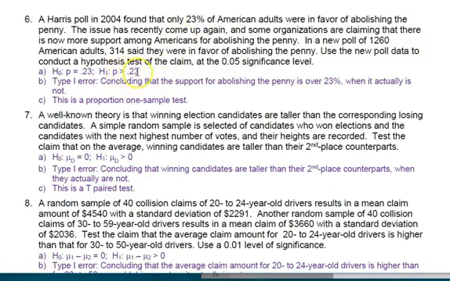It's greater than 0.23. So our null hypothesis would be that P is equal to 0.23. A type 1 error would be concluding that that claim is true when it actually is not. And this, since we're talking about a P here, this would be a proportion 1-sample test. Notice that they only gave us data from 1 sample, so we can't do 2 samples, we can only do 1.